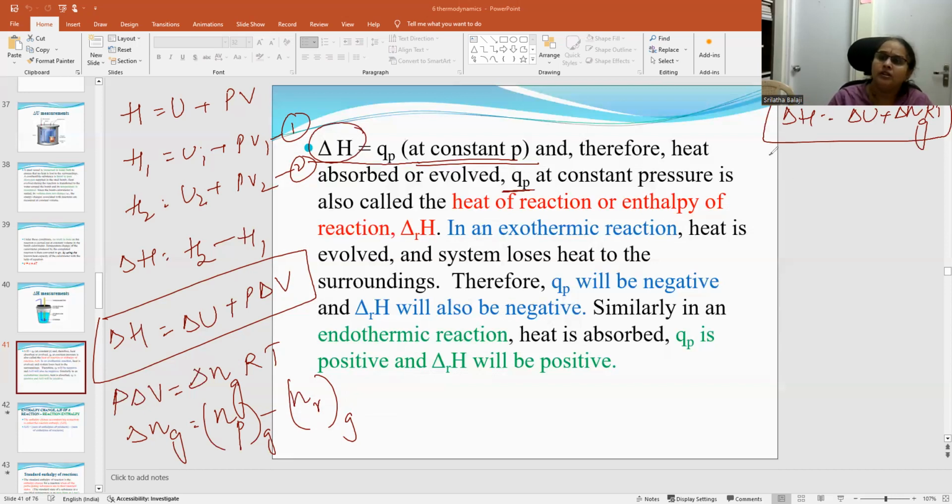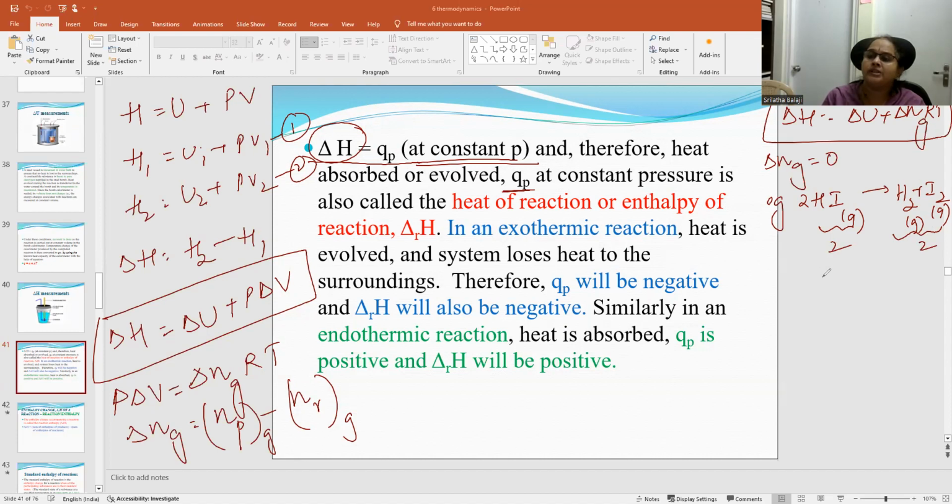Okay, so simple. Put delta Ng is equal to 0. That means the number of moles of products and the number of moles of reactants are the same. Let me take an equation something like this: 2HI giving H2 plus I2. What is happening here? In this case, the number of moles of reactants is 2 and the number of moles of products is 2.